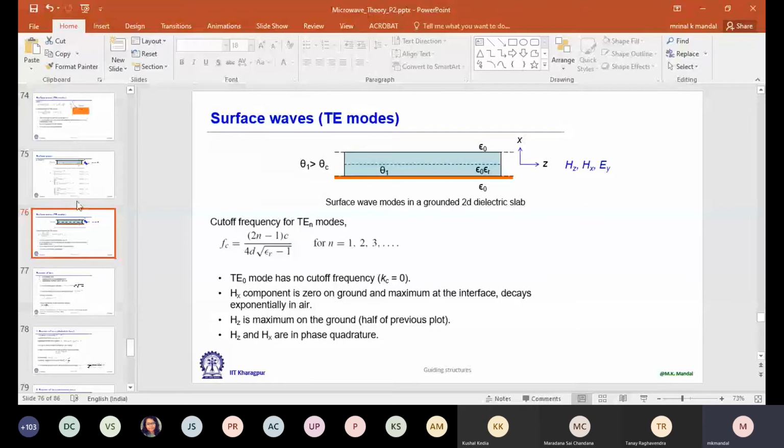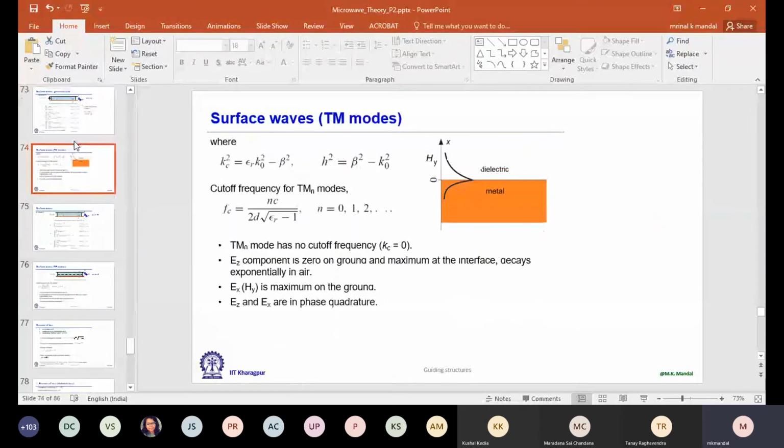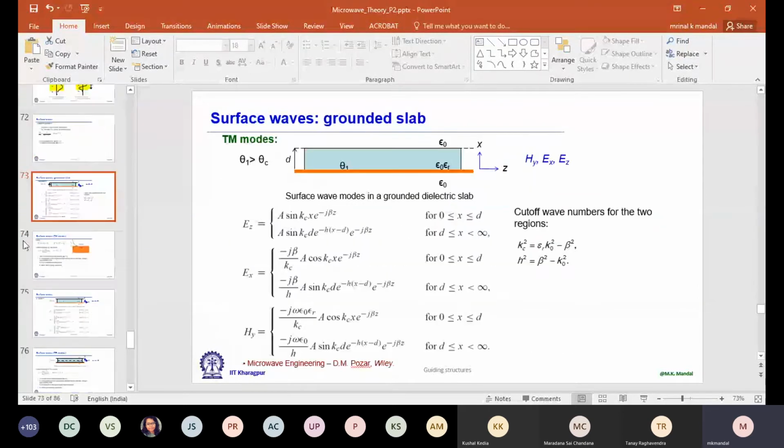So how to reduce it? Let's say for microstrip line, what we do is use a chain of metal vias, where the separation between these metal vias is small, so that it behaves like one electric wall. It surrounds your component, and in that way, it stops surface wave mode propagation from the input to the output side.